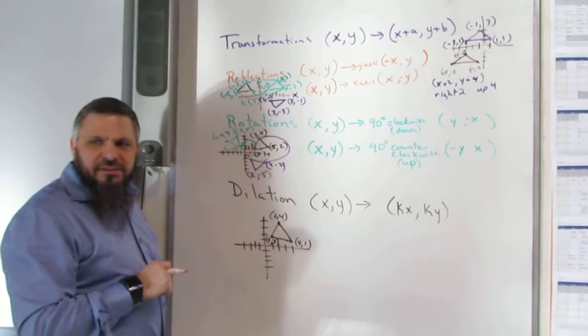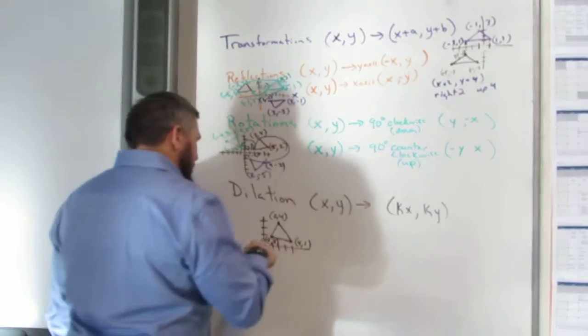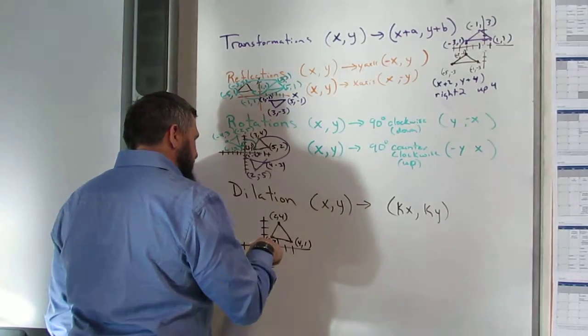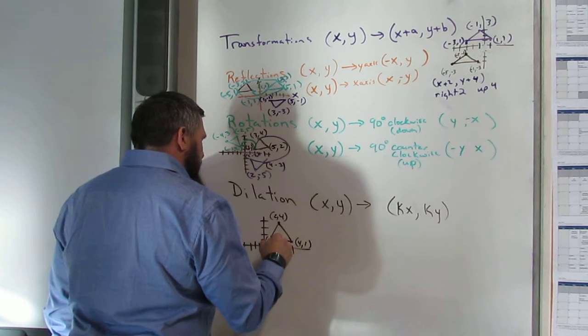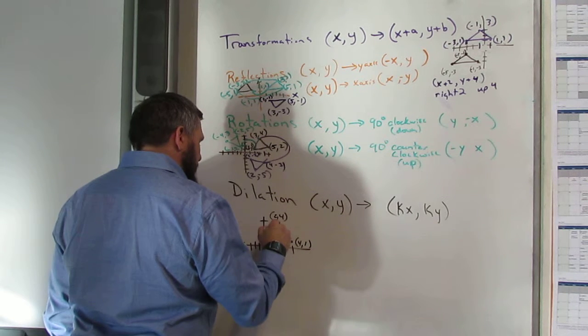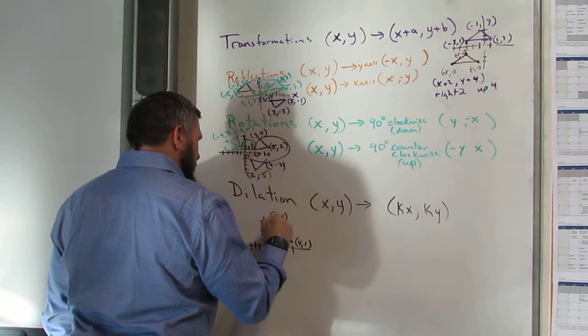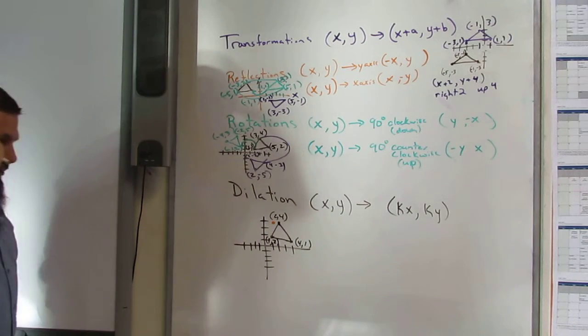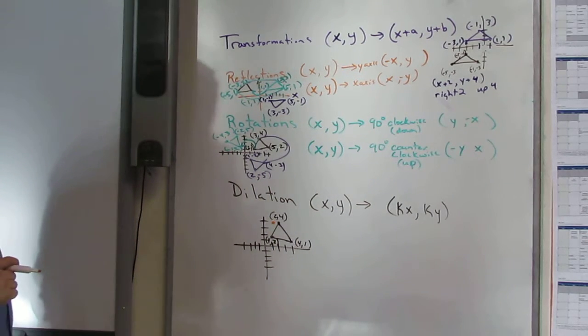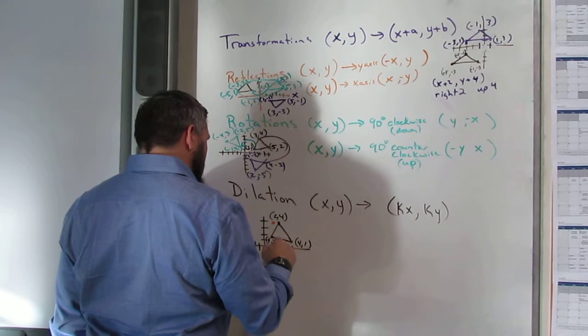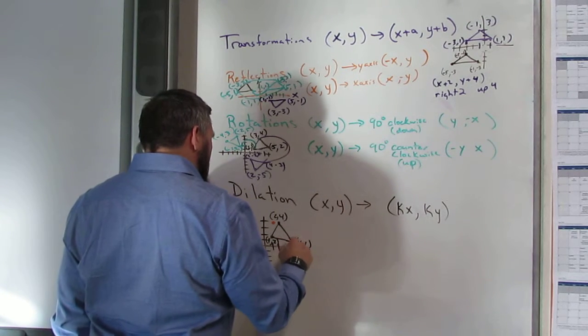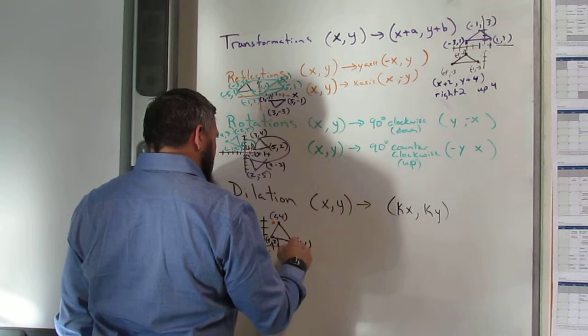Does that make sense? So the 1 becomes a 2. The 2 becomes a 4.